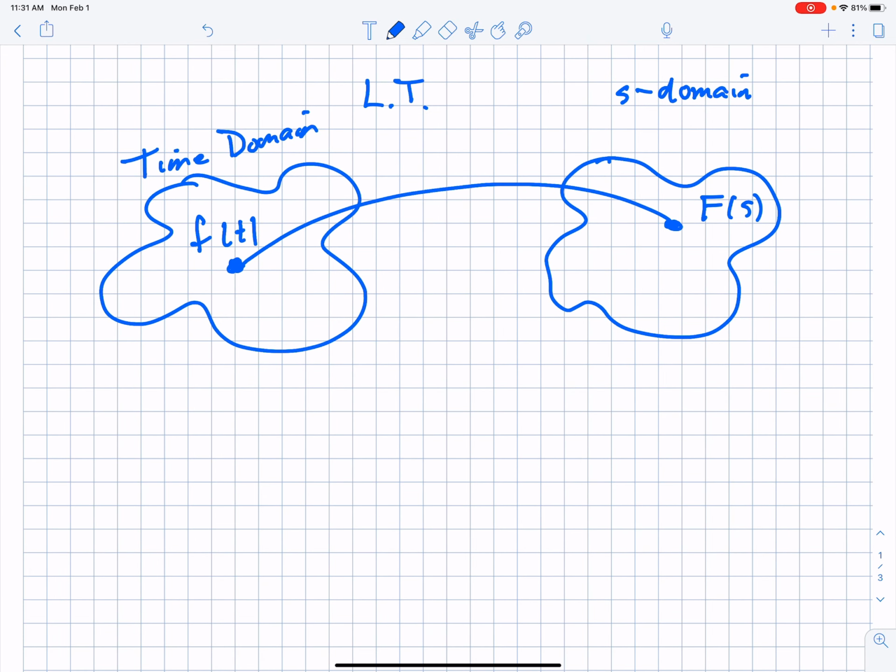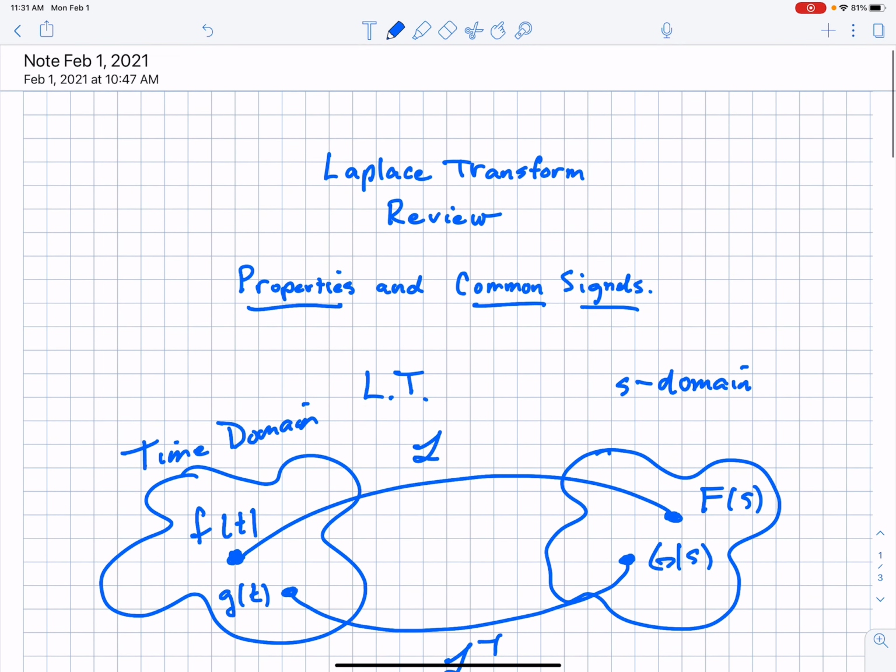The other issue is that once you have a signal over in the S domain, maybe you want to run this through some type of filter and you get a different signal, g of s. From there, you can take the inverse Laplace transform and get back to g of t. So this is inverse and this is the Laplace transform. And that's how I think of it. I'm moving back and forth between domains to help me solve practical control problems.